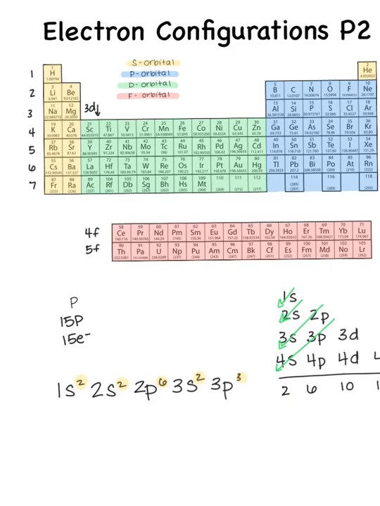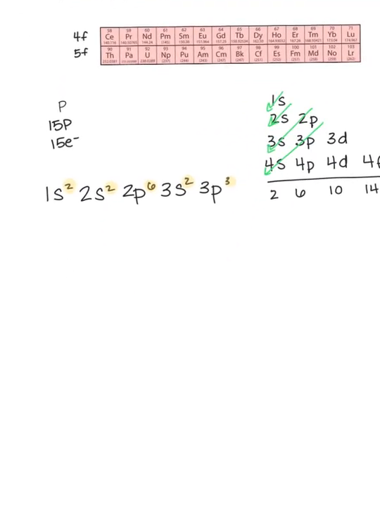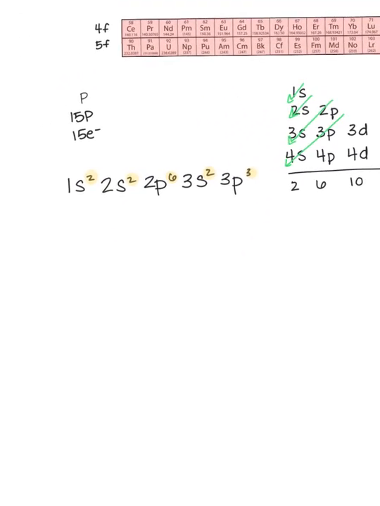All right. So now that we've done phosphorus, let's go back to A and let's do nitrogen. But this one, we're going to do what we call the box and arrow method. So I have nitrogen. Let me write my little key.